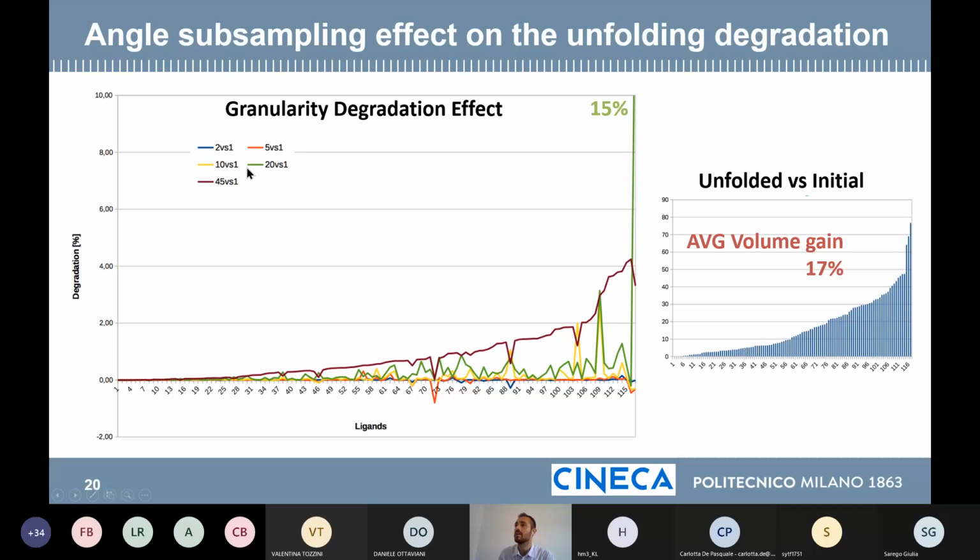So we selected 45 because we knew that the degradation is not so high, also for 45, and for the molecules that we considered, which were basically in this range, so probably even below 1%. So 45 degrees may seem high, like you're not doing something very precise, but actually it's not so important to be so precise because the degradation is still low.